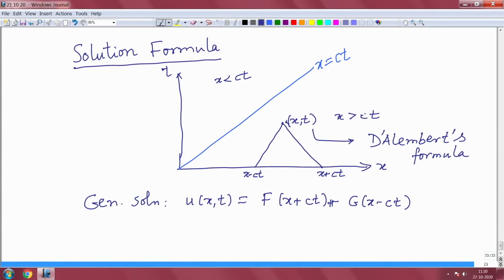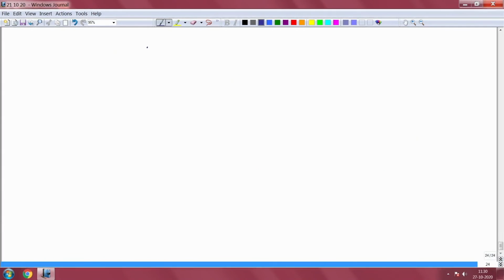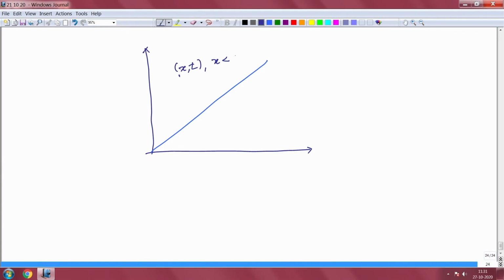So, let me draw one more picture, a different picture. If I take (x, t) here, now remember x is less than c t.